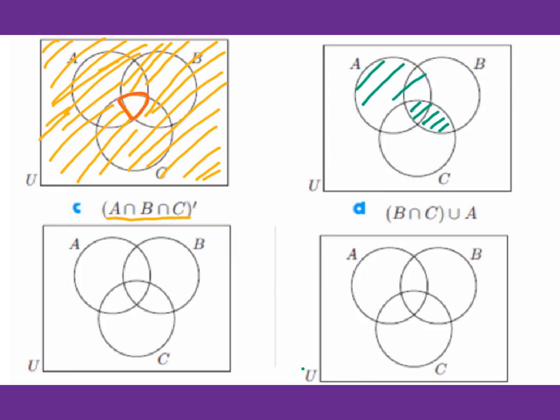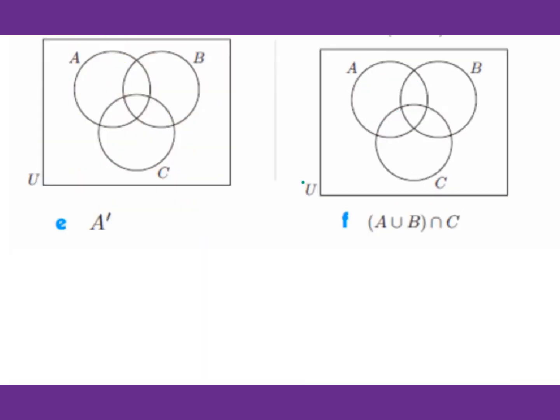We see everything in A. Let's go to E, A prime, which means you will shade everywhere except the set A. Now we will circle this set A. When you draw the shaded area, we don't touch that A.